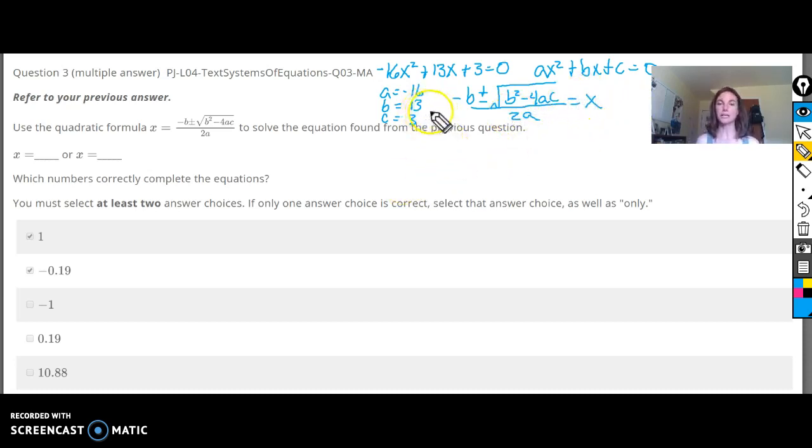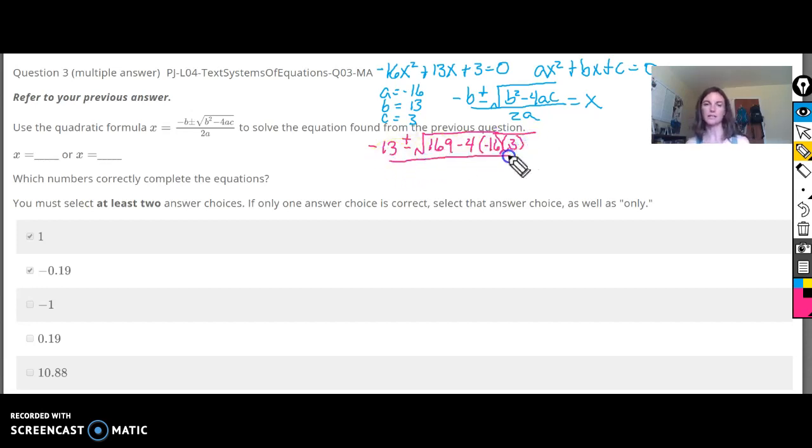So I'm going to start plugging things in. I'm going to plug 13 in for b, negative 16 in for a, and 3 in for c. So negative 13, because my b value was positive, plus or minus the square root of, I know that 13 squared is 169, minus 4 times negative 16 times 3.